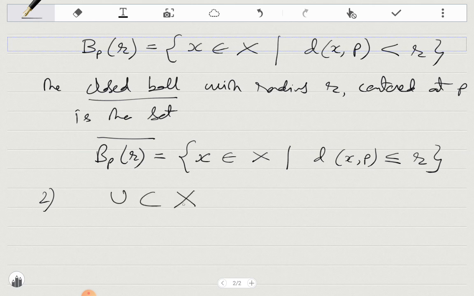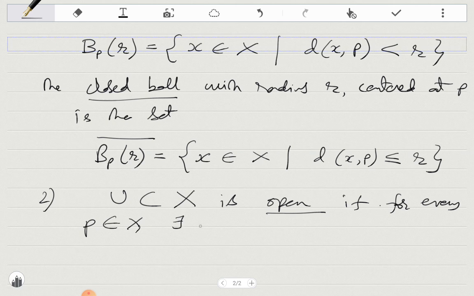U is open if for every P in U there exists r greater than 0 such that, so if I take any point in U, I should be able to put a small open ball centered at that point, which is entirely contained in U. So the ball of radius r is contained in U.